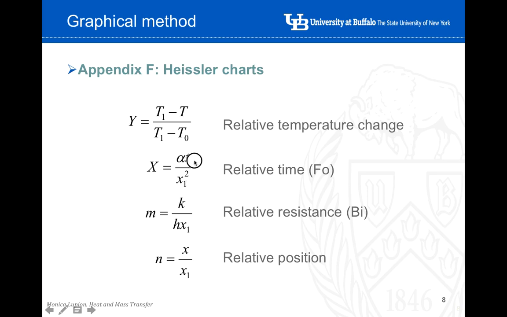X is defined as the relative time, and it's equal to the thermal diffusivity times time over the position squared. The relative resistance is defined by the letter M and is equal to the thermal conductivity over the convective coefficient times the position. And finally, N is expressed as the relationship between the position and the position either at the center or at the edges, depending on the problem.